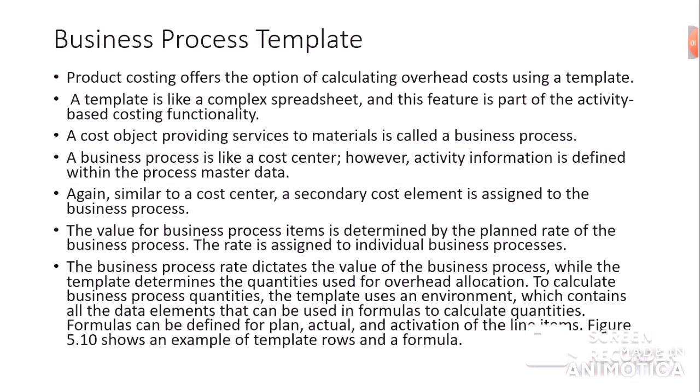A cost object providing services to materials is called a business process. A business process is like a cost center. However, activity information is defined within the process master data. Again, similar to a cost center, a secondary cost element is assigned to the business process.